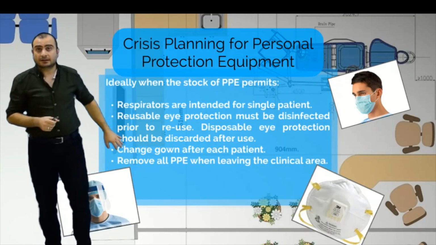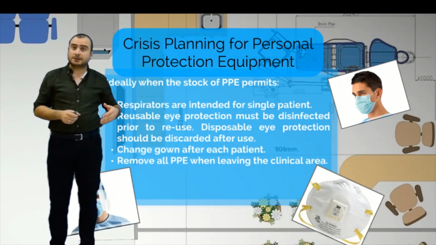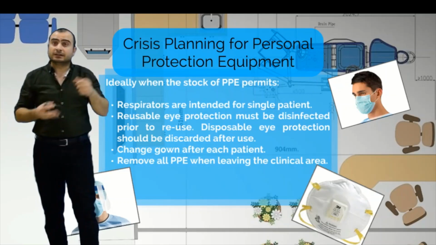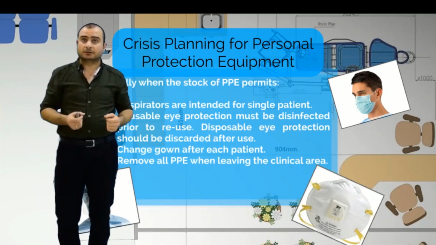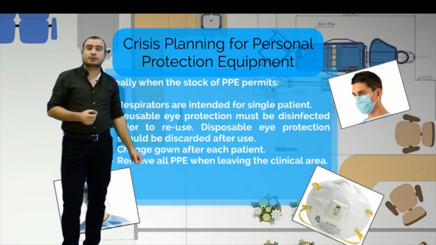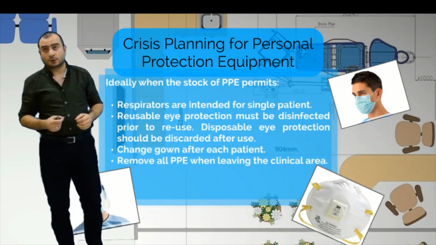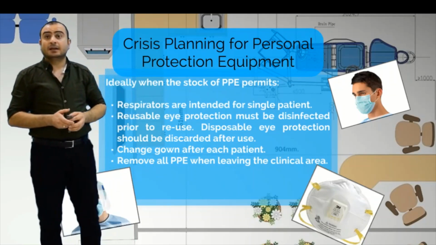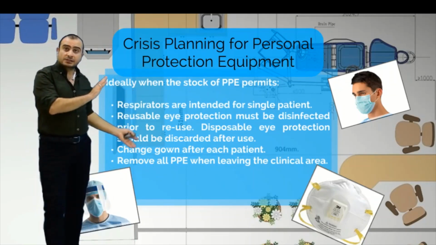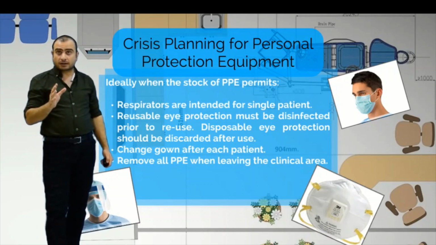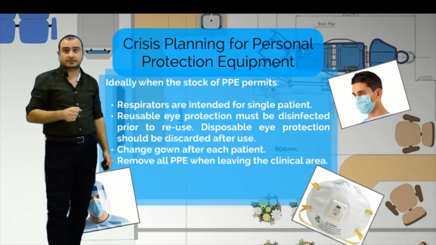We need to consider changing the gown after each patient and sometimes within the same treatment session if it is broken or obviously contaminated. We also need to consider removing all the personal protection equipment if we intend to leave the clinical area. These are the things we need to consider in an ideal situation when the stock within the local market permits doing this.